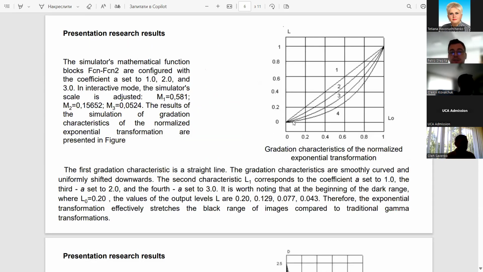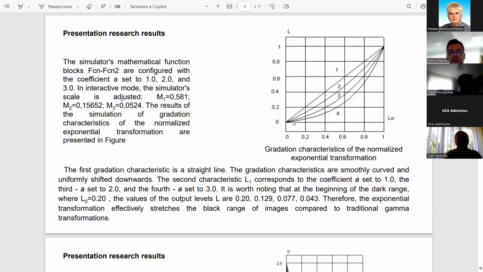The simulator's mathematical function blocks are configured with the coefficient alpha set to 1, 2, or 3. In the interactive model, the simulator scale is adjusted to 0.581, 0.562, and 0.0524.